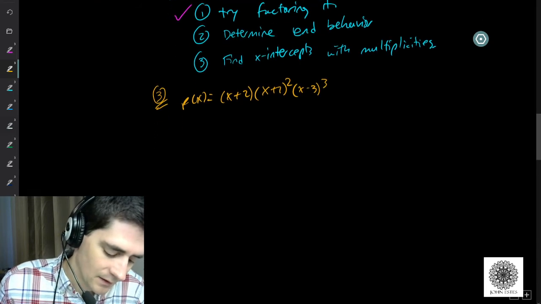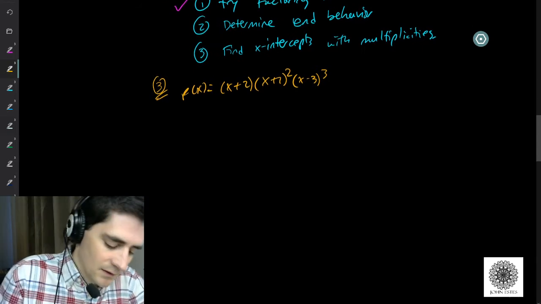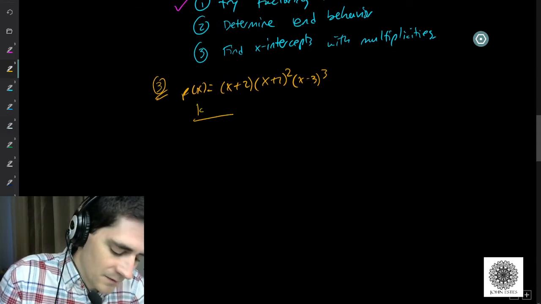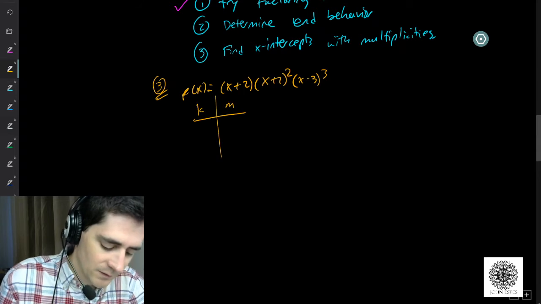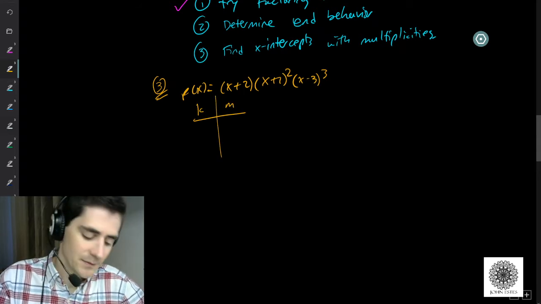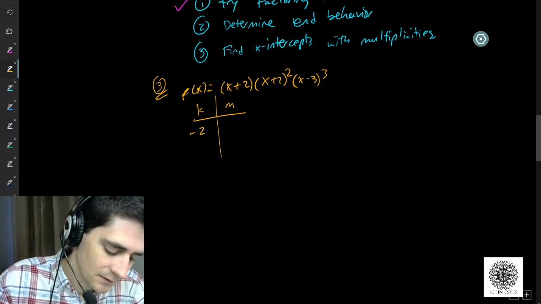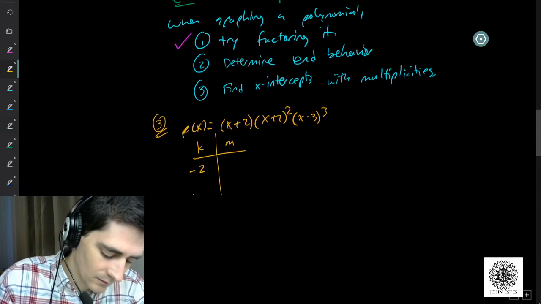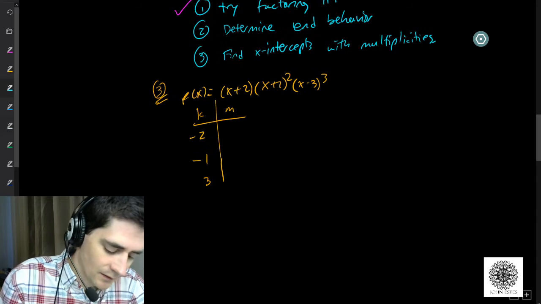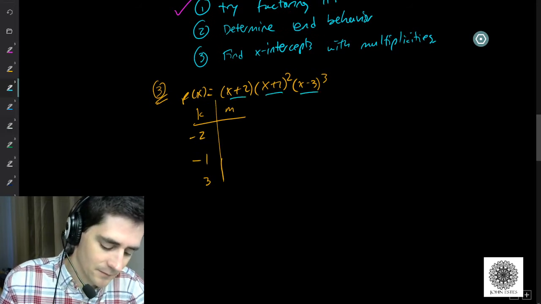Okay, so my zeros then, let's do it this way. Let's say k for zeros, m for multiplicities. My x-intercepts are going to be -2, -1, and +3. Do you see where I got that? I just got that from here, here, and here.